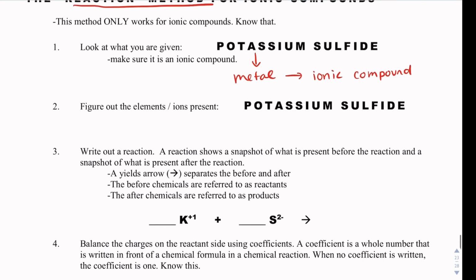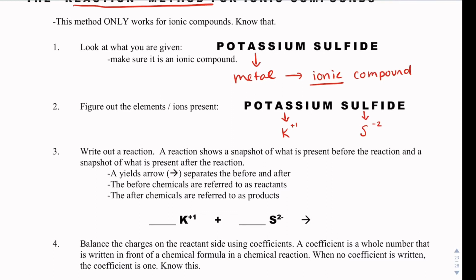Now, we want to figure out the elements or ions present. So we're going to go to potassium. We're going to look at element number 19 on the periodic table. We know that potassium is K, but because it's bonded with something and it's an ionic compound, it's really in its ion form. So the periodic table tells me that that is K plus 1. Sulfide, we look at the periodic table, element 16, that is S, and it has a minus 2 charge.